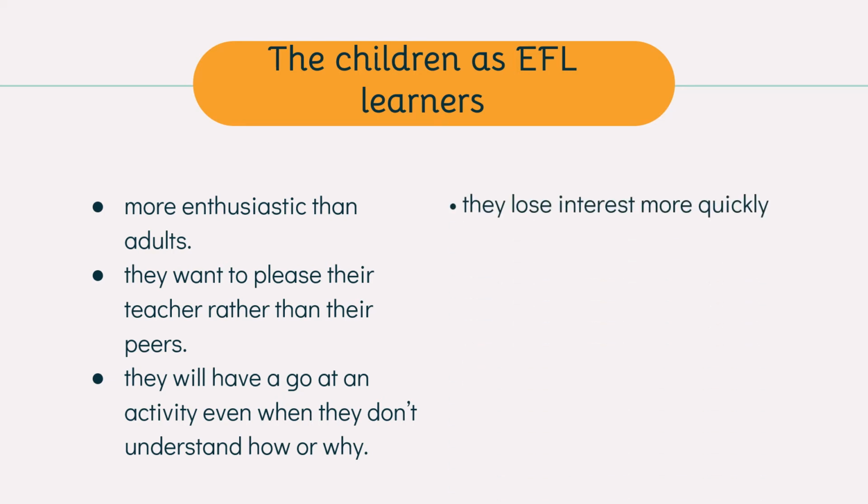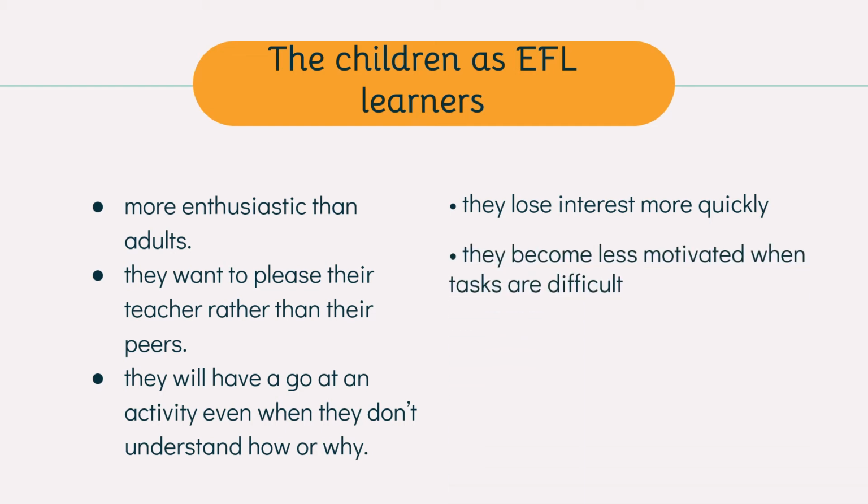Next, the children lose interest more quickly. It means here, you as a teacher leader have to make variety in activities. So do not make the students get bored, especially children.